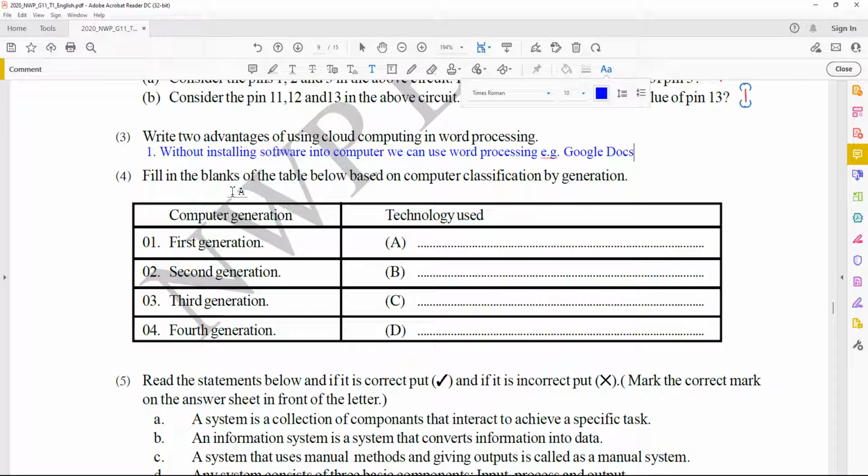No, there are three services based on cloud computing. Do you remember? Infrastructure as a service. Don't remember?